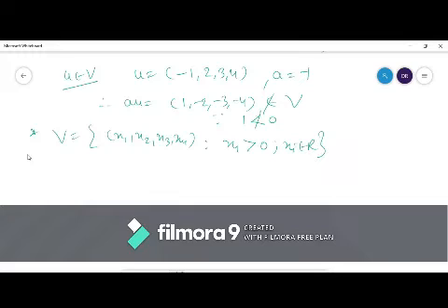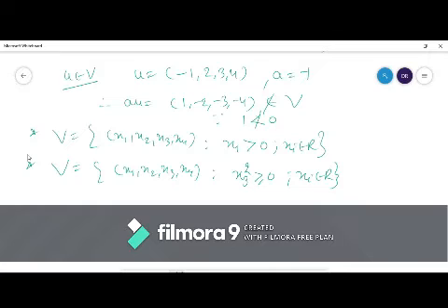And next example is, V is x1, x2, x3, x4, where x3 square is greater than or equal to 0, and xi's are real numbers, then V is a vector space, because we know that square of any real number is always greater than or equal to 0.